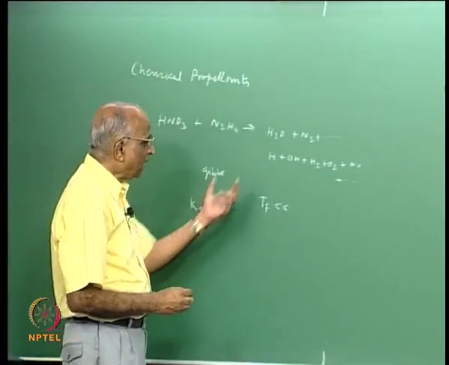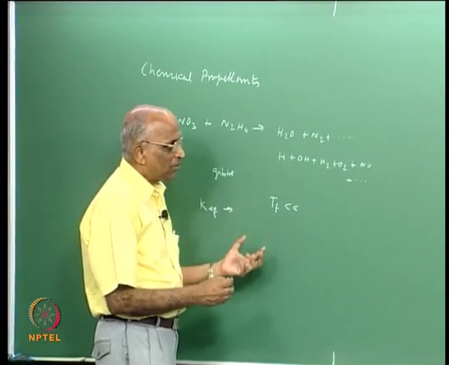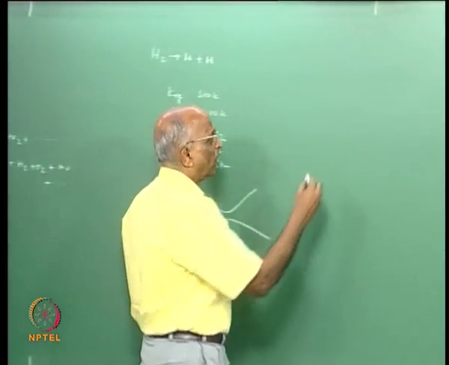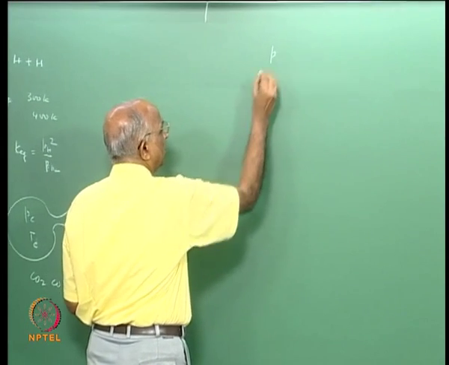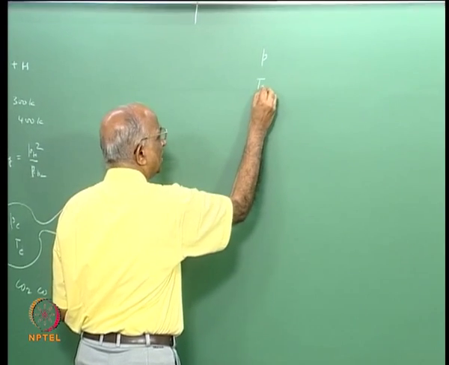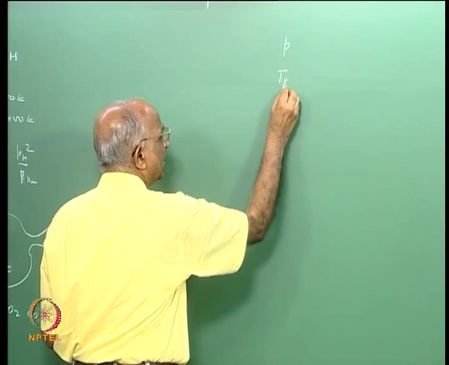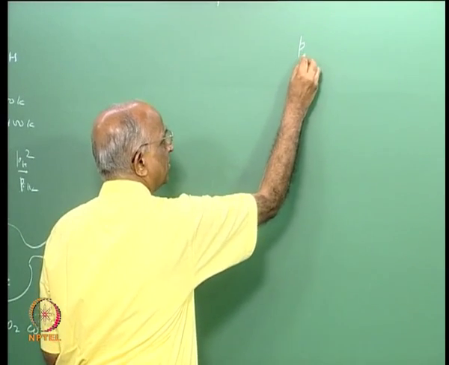But then I can do the same problem by assuming, let us say, that the products of combustion are at a pressure P, and at a temperature Tf and a pressure Pc.